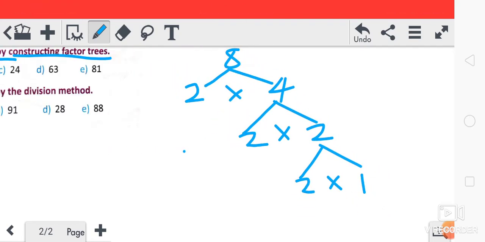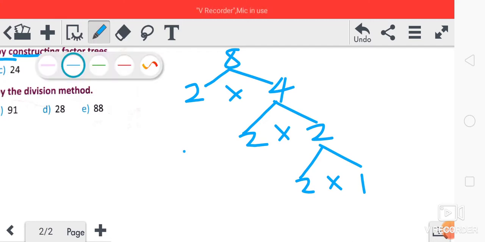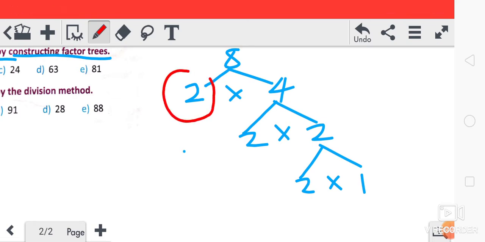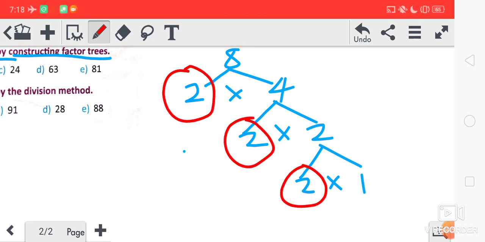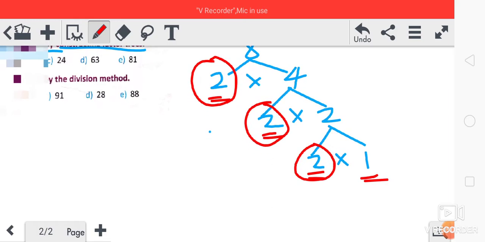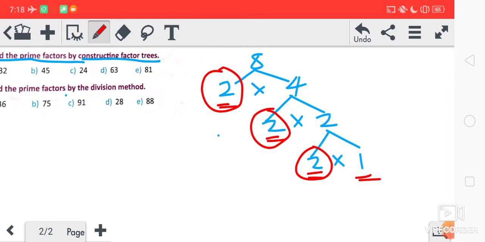Now all the left side, whatever we have got, this one 2, then this one 2. Okay. When we get 1 at last, then we'll stop. So 2, 2, 2. All the left side, all these will be the prime factors. Okay.